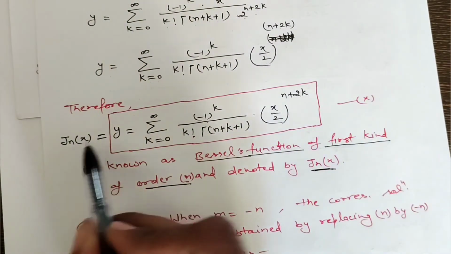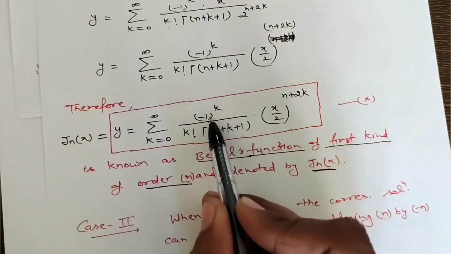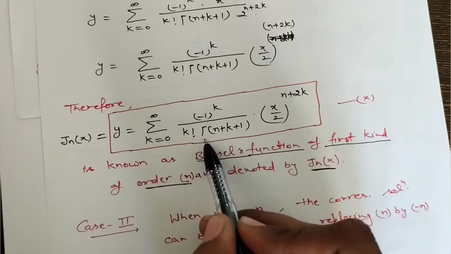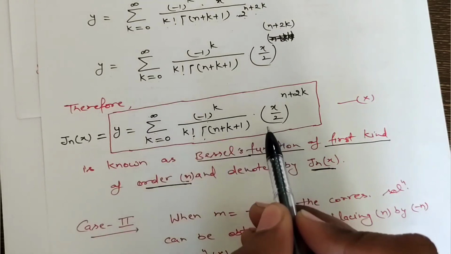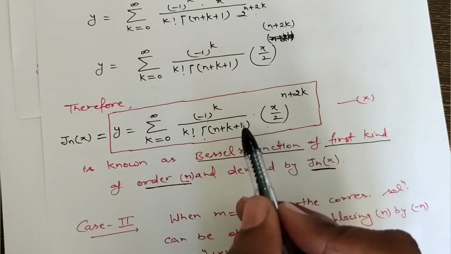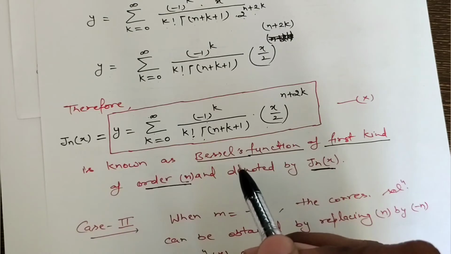The notation for this is J_n(x). So J_n(x) will be simply summation over k going from 0 to infinity minus 1 raised to power k over k factorial into gamma of n plus k plus 1 into x by 2 raised to power n plus 2k. So that's our first solution, that is the Bessel function of first kind of order n. Clear?